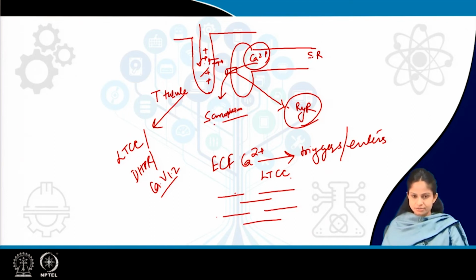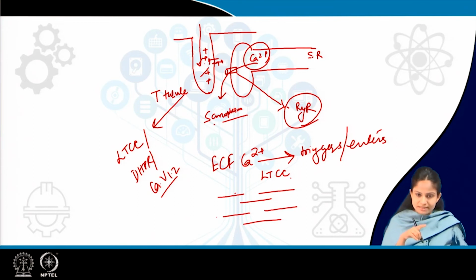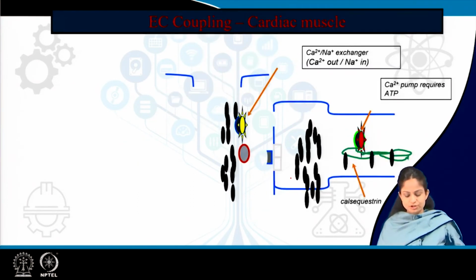So, this is the excitation contraction coupling mechanism. The main difference from skeletal muscle is that in skeletal muscles only the sarcoplasmic calcium is mainly required for contraction, but in cardiac muscle it is calcium induced calcium release. That means extracellular calcium is present as well as sarcoplasmic reticulum calcium.